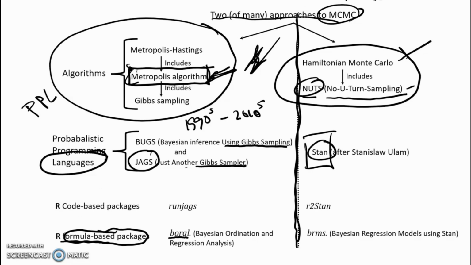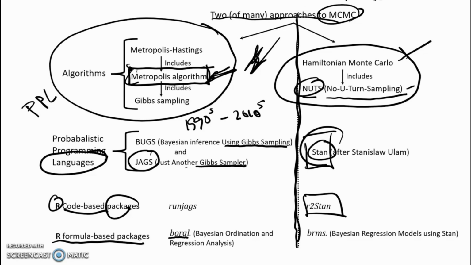In terms of code-based packages for Stan, there's this thing called rstan, and in terms of formula-based packages, we've got brms. In week 8, I'm going to go over brms in some detail.